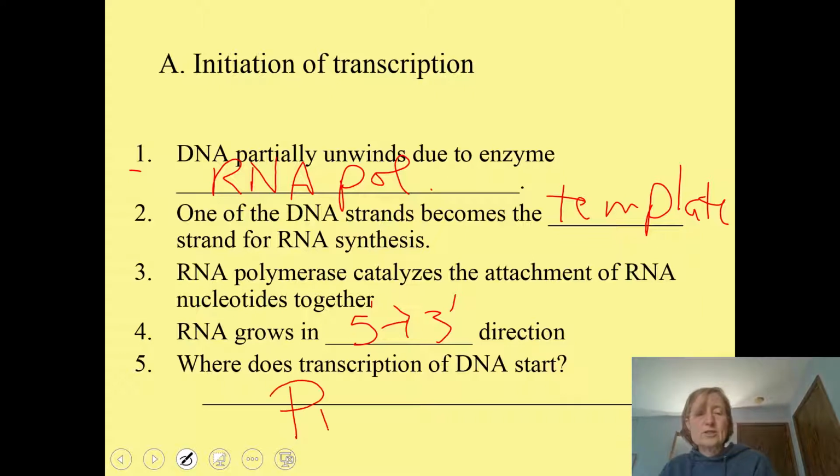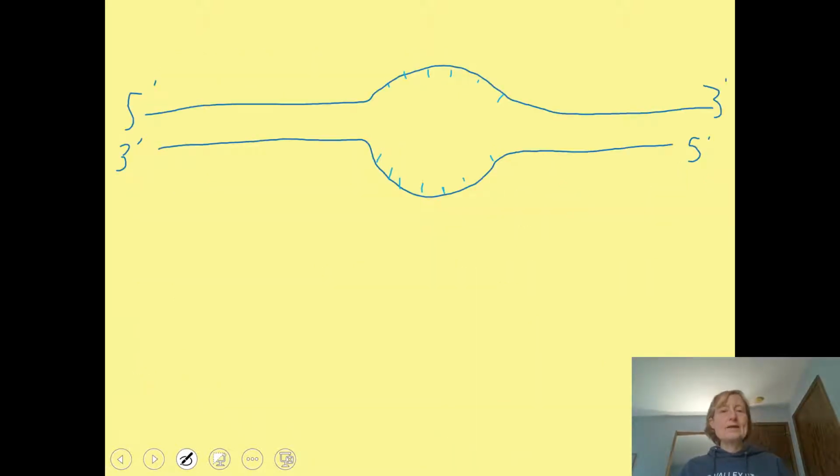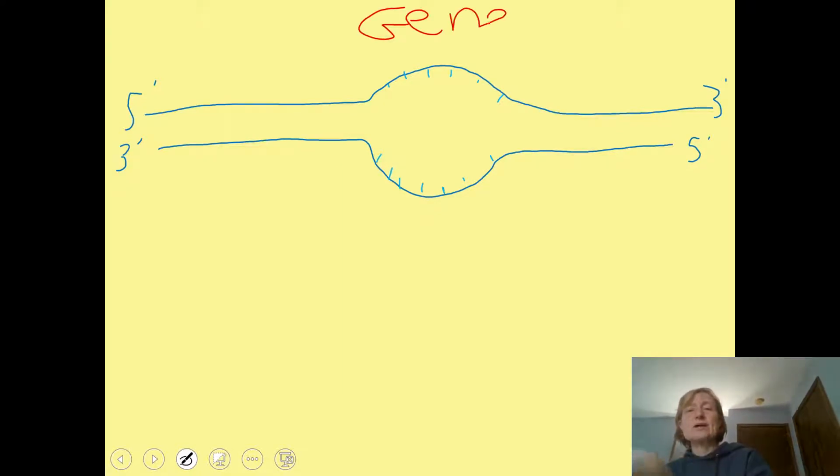Where does transcription actually start? How does the RNA polymerase know where to start? It better start at the beginning of the gene, right? But how does it know where the beginning of a gene is? We have to talk about a promoter, all right? So when we look at a gene, let's say this is our gene to be transcribed here, okay?